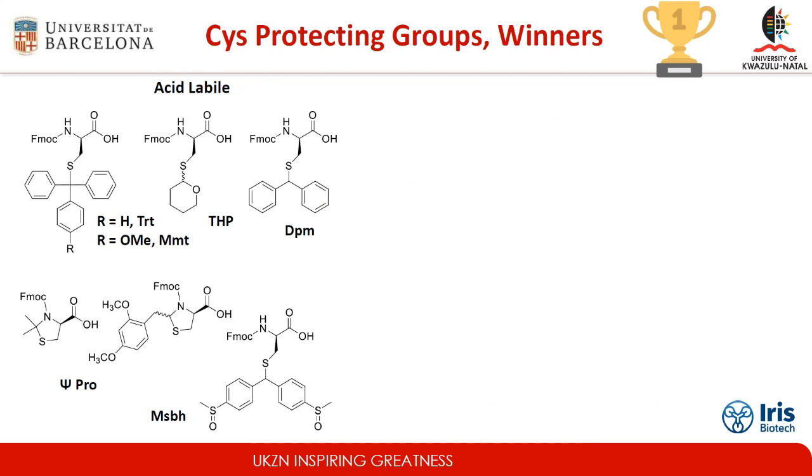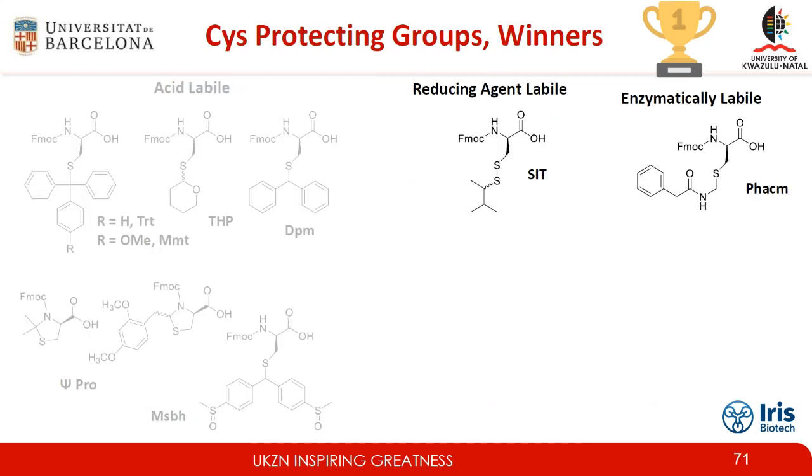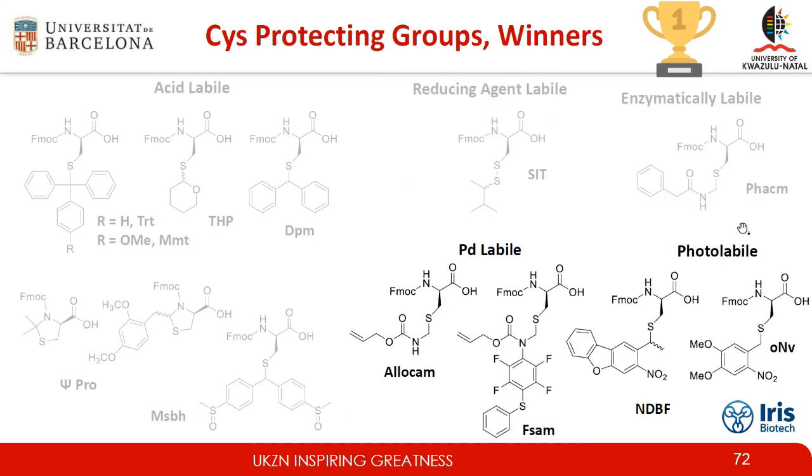DPM, diphenylmethyl, and the pseudoproline as protecting group and also as building block, and the SMDH that Marcus discussed at the beginning. Then we have, as reducing-agent labile, the SID, enzymatic labile, the PSACM, and also IRIS have the palladium labile.